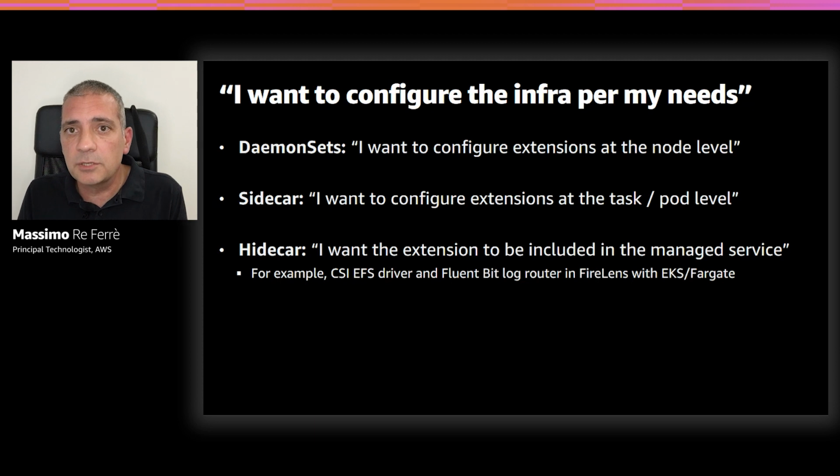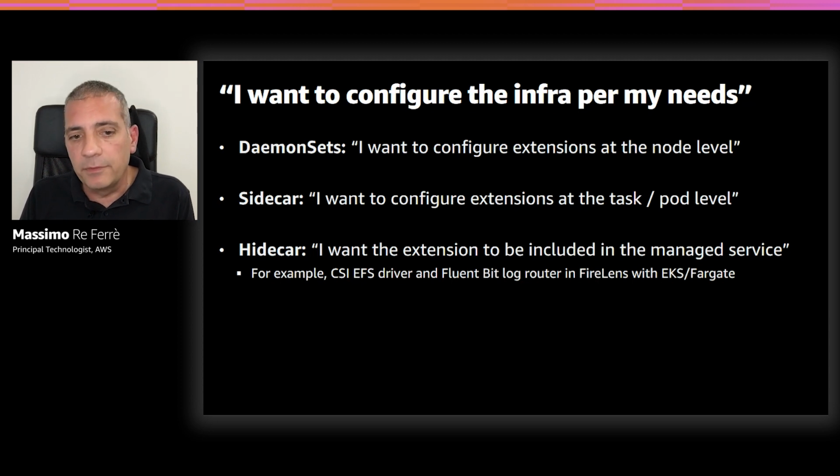So these extensions cannot be deployed on EC2 instances at that point, because there are no EC2 instances that you can deploy to in Fargate, because they're completely hidden. And so we provide those functionalities as part of the managed infrastructure. That's how, and why, we call them hidecars.